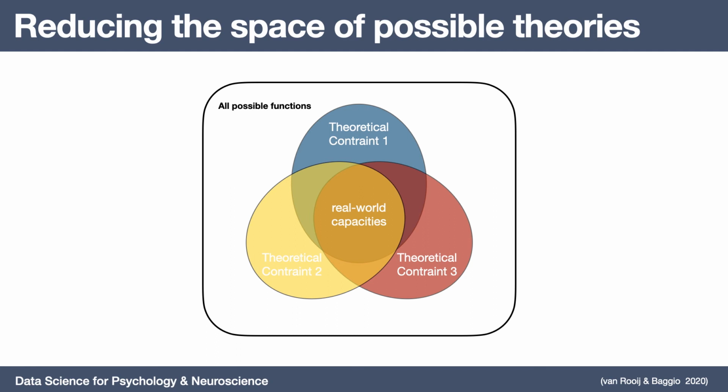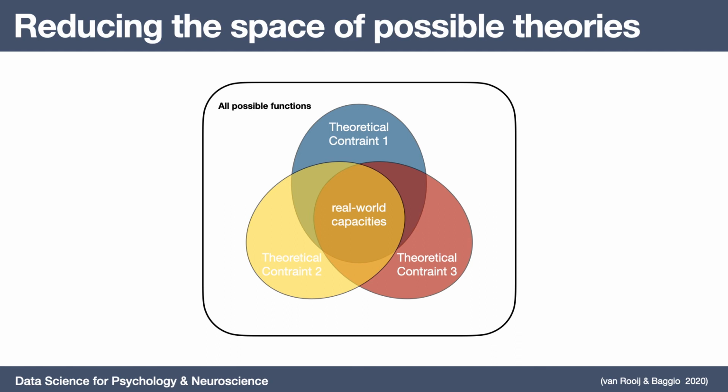And according to Van Rijn and Baggio, this is the fundamental way by which you try to constrain the shape of the theory that you develop. But that all depends on following that functional form of your theory. For this class, we're always going to follow that functional form because it relates directly to the ways that we analyze our data using data science tools.